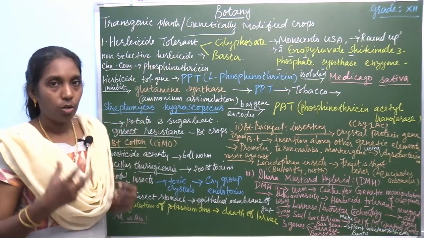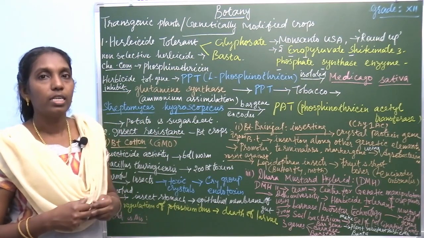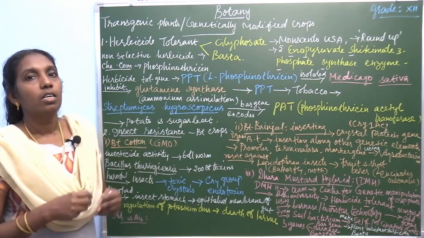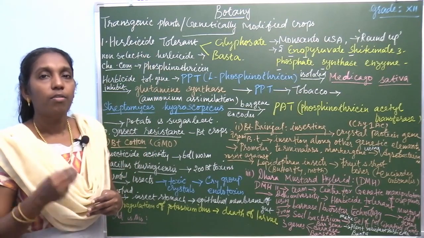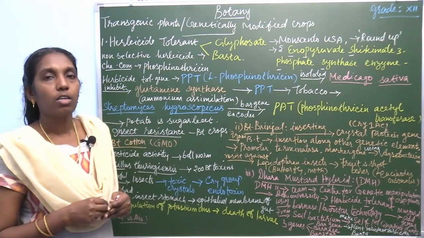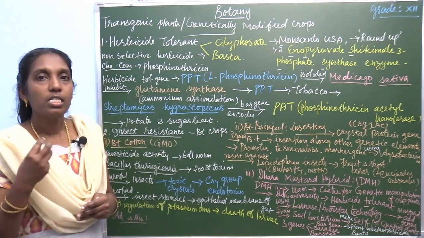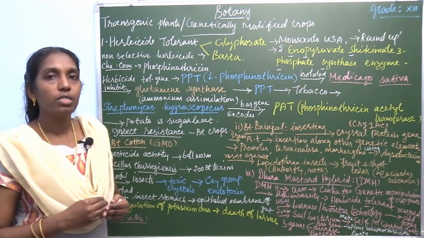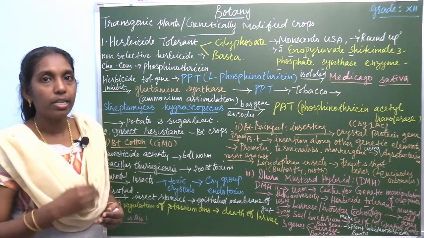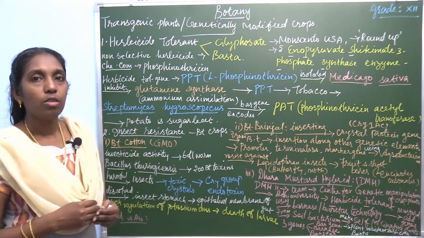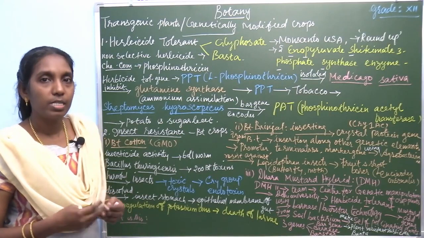This herbicide tolerant, you know that in the crop plants there are weeds, unwanted plants that are called weeds. These weeds reduce the crop yield. So normally the farmers use herbicide.